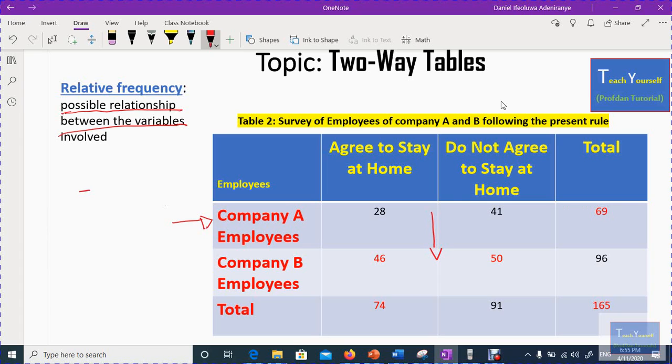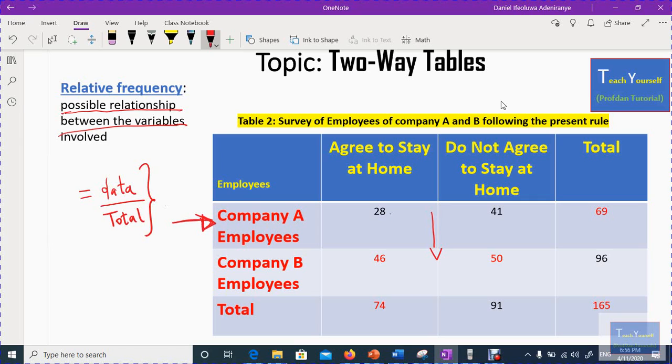Relative frequency is simply the value of the data you're looking at over the total of the corresponding values where your interest is. First, our interest is on this row, the row that comprises company A employees.